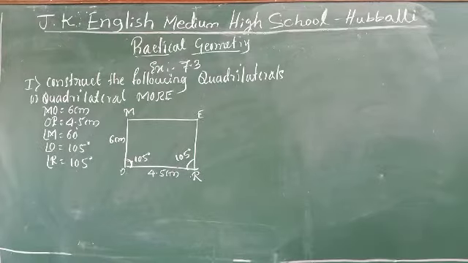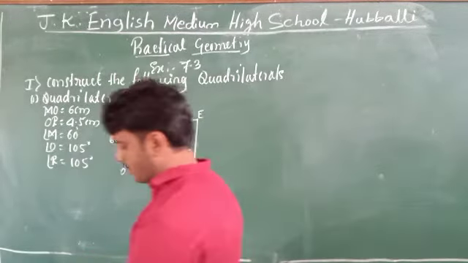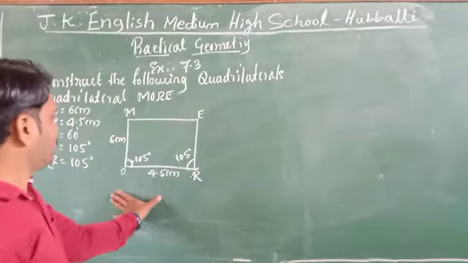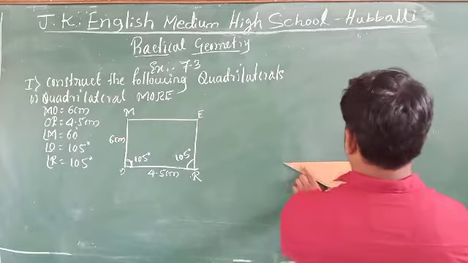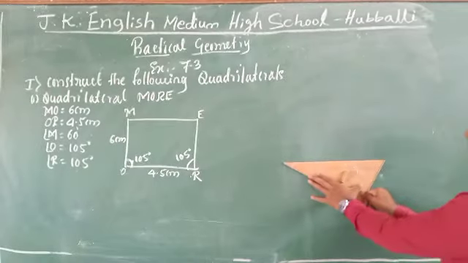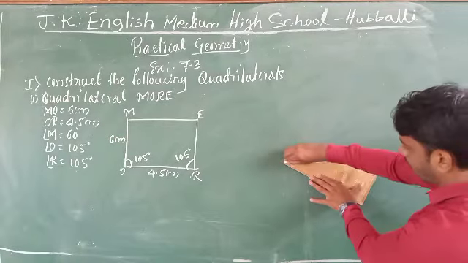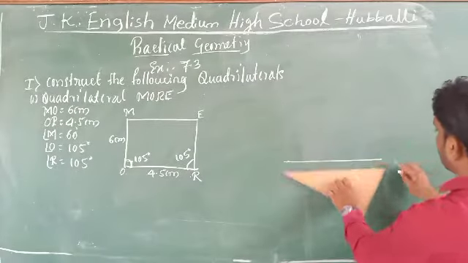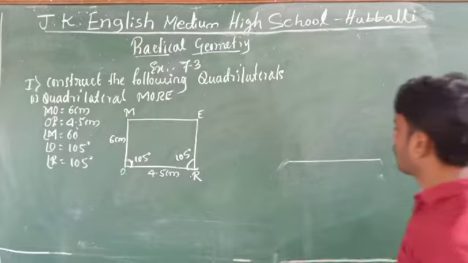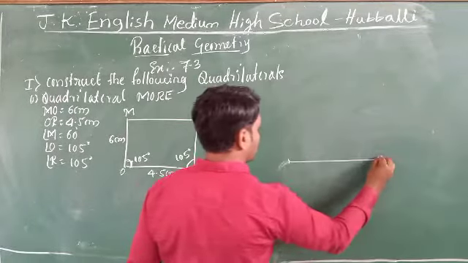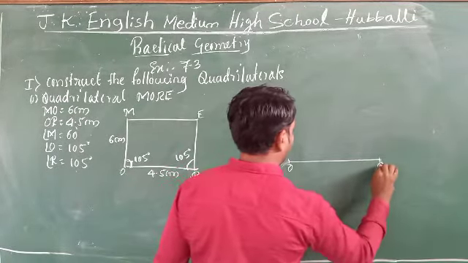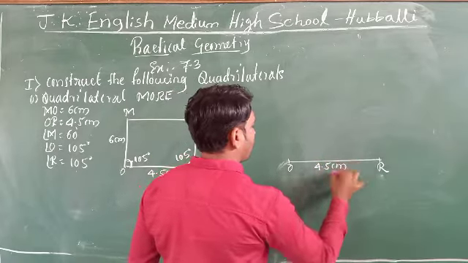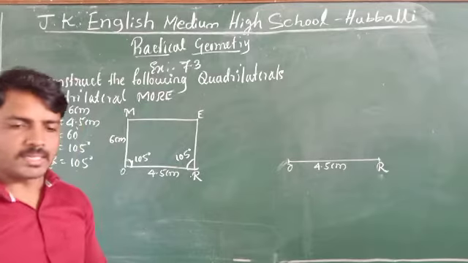Okay, first one. Take a scale. Draw a straight line of length 4.5 centimeter, to take as OR. OR is how much? 4.5 centimeter.